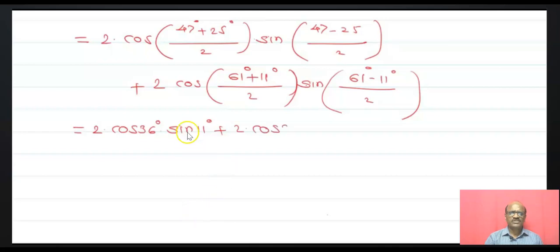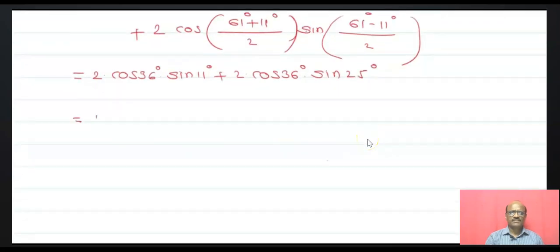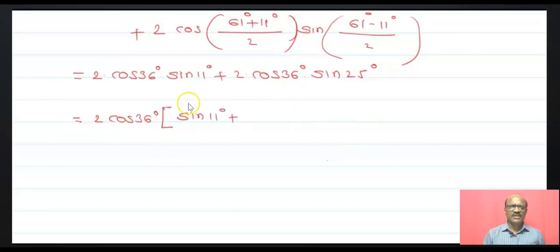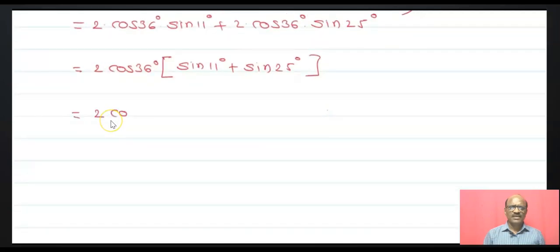Therefore cos of 36 and sin of 11 here, 2 times cos of 36 and sin of 25. Here is 2 times cos of 36. Take the common, then in bracket you will get sin of 11 degree and sin of 25 degree. That is 2 times cos of 36 degree.